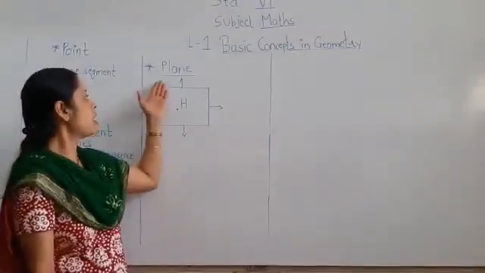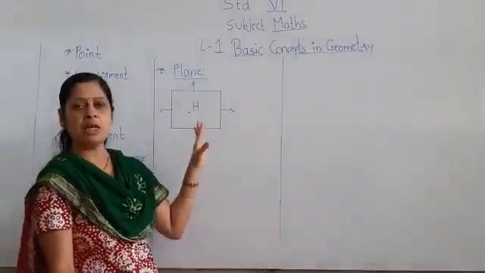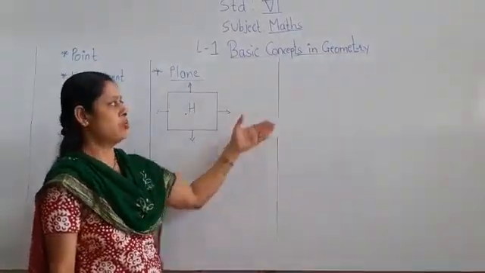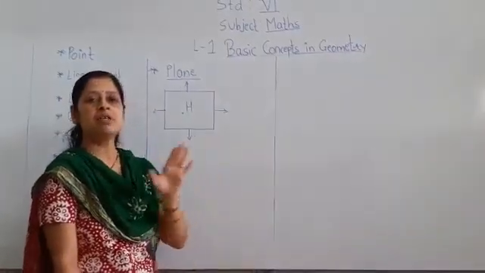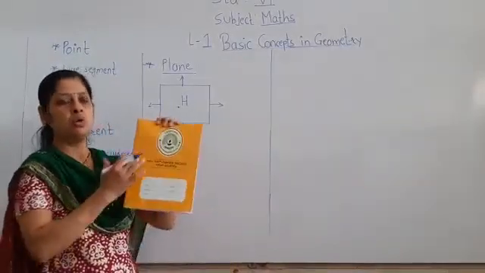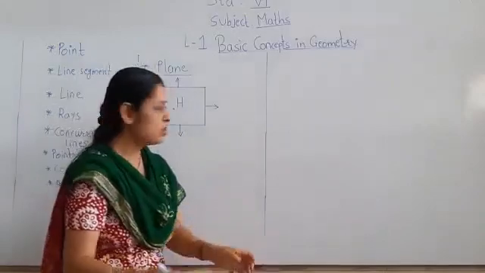Now we are going to study about plane. A flat surface which extends in all directions is called a plane. For example, look at the board. The surface of the board is flat. Then the surface of the table is also flat. If you have observed a notebook, the surface of the notebook is also flat. Observe the figure.